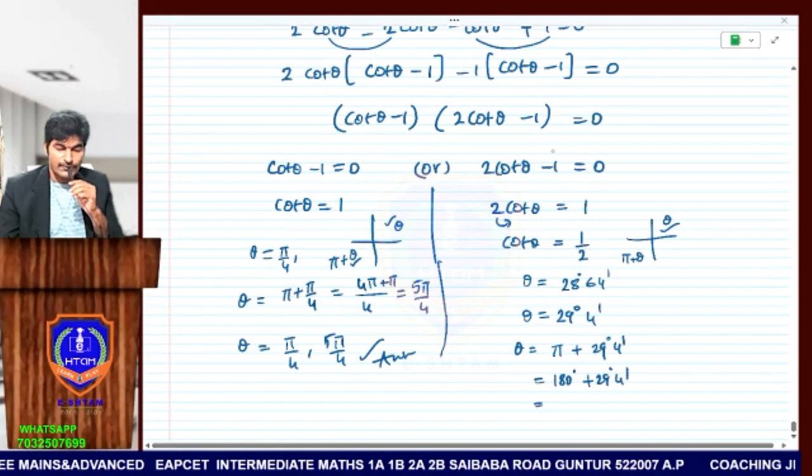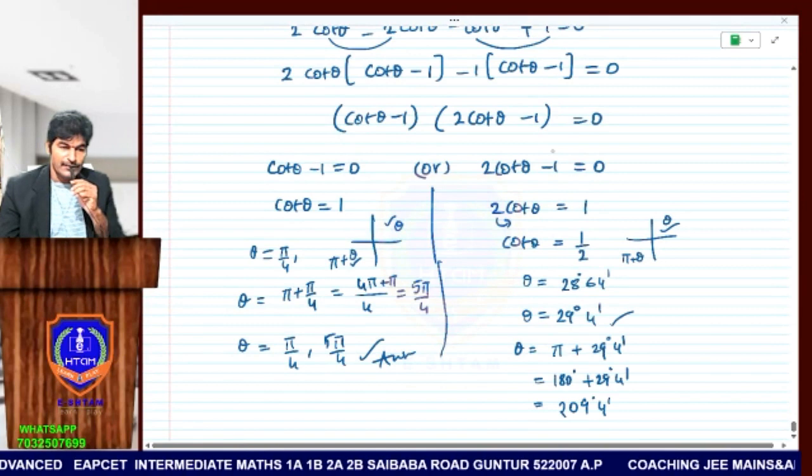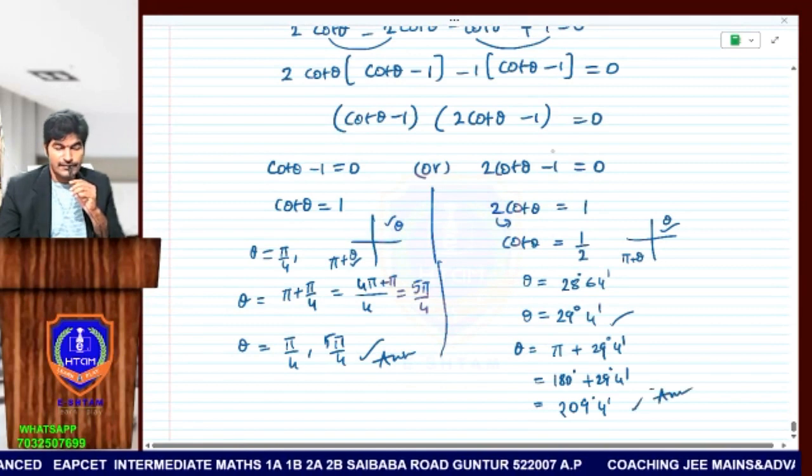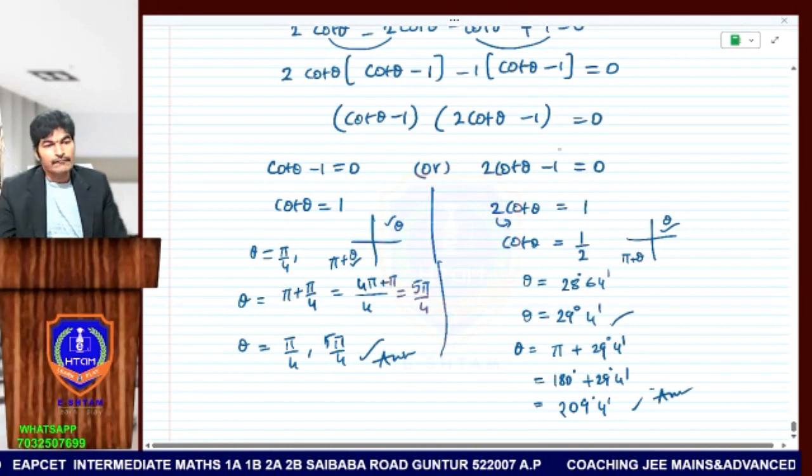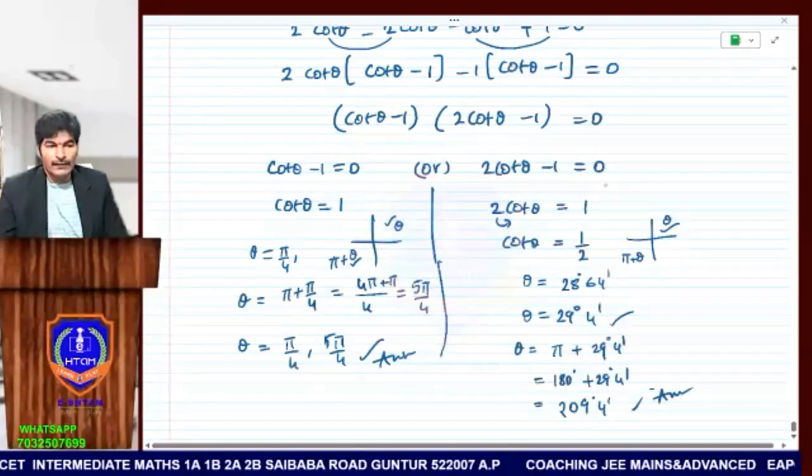Just add both. This is 9 and this is 0. So 209 degrees 4 minutes. One more angle. So you can check the answer if it is correct or not. Yes, it's correct.